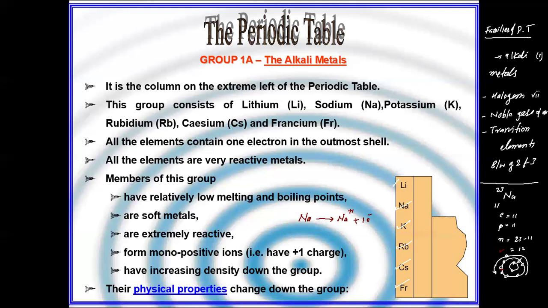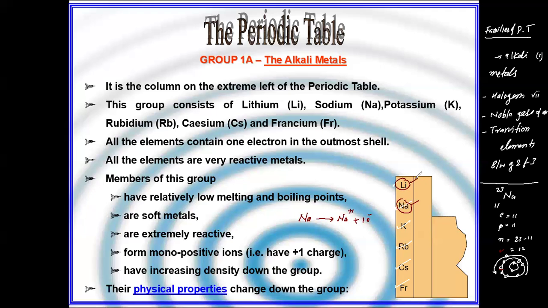They are normally less dense than water. When we say they are less dense than water, that means they float on the surface of water. Why do they float? Because they have low density. But density increases down the group. For example, this is lithium, this is sodium. It has more density than lithium. Why?